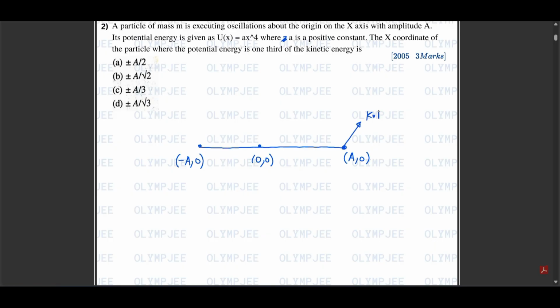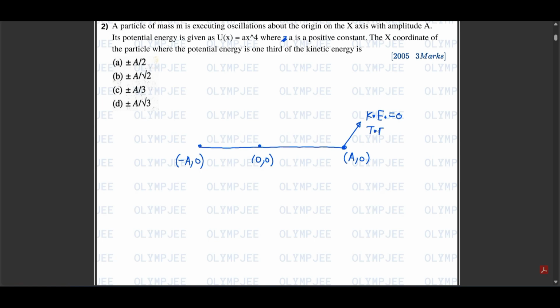given as 0 because the velocity is 0, because the particle will be changing direction of motion here, right? The particle is going in the right direction first, and once it reaches this point, it has to move in the left direction. So the velocity will change from positive to negative and it will cross 0 in that process, right? So at this point velocity is 0.